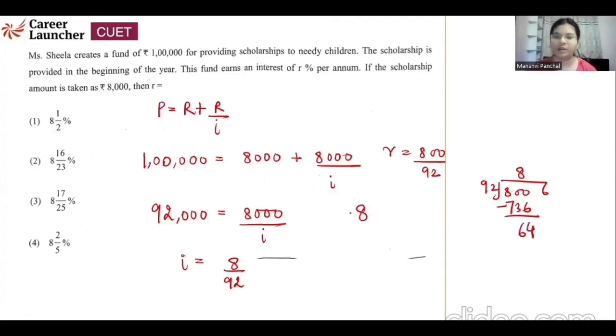It means R is 8 and something upon 92, where the fraction is 64/92. If I cancel it by 4, this will be 16/23. So option 2, 8 16/23%, is your correct answer.